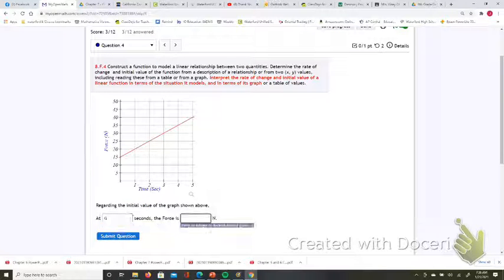At 0 seconds, the force is what? So I go to 0 seconds on the axis, and I go up, and the force is 15. So I type in 15. So every time that you see the words initial value, that means that they want you to go to 0 and then go up or down until you hit your line. So at 0 seconds, the force is 15. Submit.